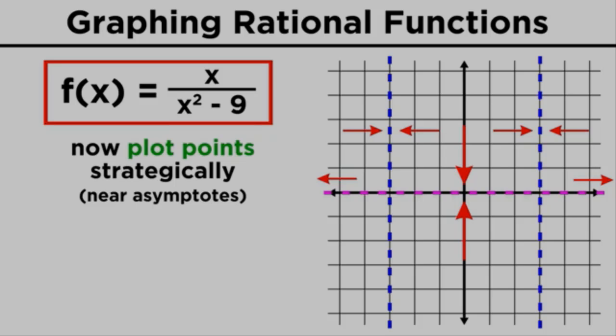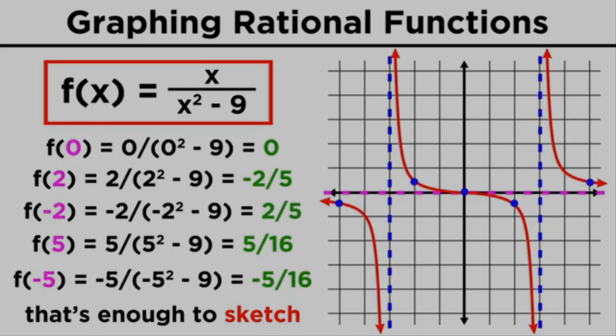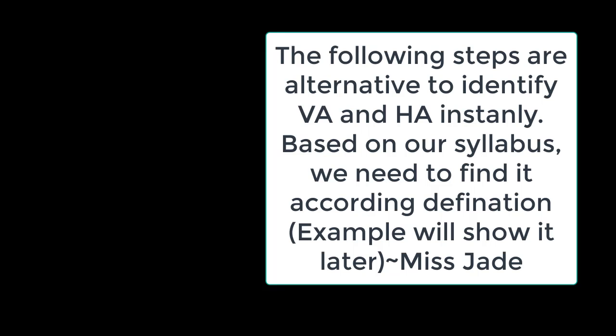So we pick some near the vertical asymptotes and some points as the function approaches positive and negative infinity. A quick test of 5 or 6 points will reveal the following behavior for the function. Let's take note that a function can sometimes cross an asymptote, the way this function crosses the horizontal asymptote in the middle section.